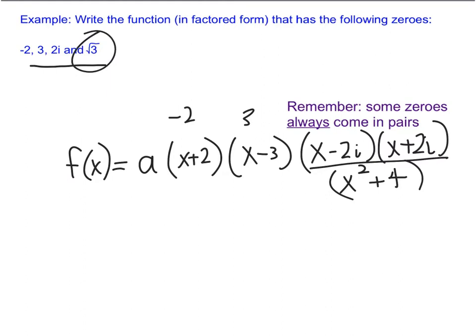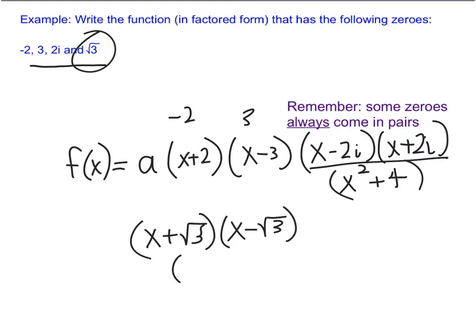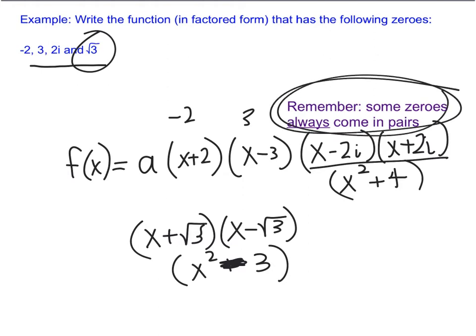And then square root of 3, that's going to be x plus square root of 3, x minus square root of 3, or I could remember that this is x squared minus 3, because it's real. So you can always write them separately because they always come in pairs. If it's not real and it's irrational, they always come in pairs. These, however, if they're whole numbers, do not come in pairs.